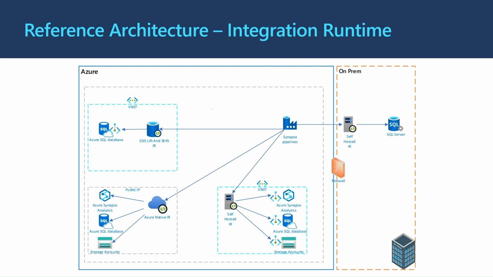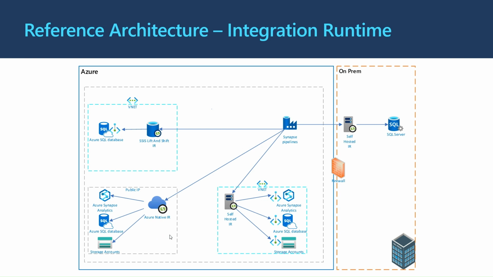Taking a look at the integration runtime a little bit further, it's helpful to understand where we've been. Some of this may look familiar. In the upper left-hand corner, you have the SSIS lift and shift integration runtime. We usually see that in a virtual network with private endpoints, so a pretty basic, or common, setup. The left bottom hand of the screen is really the default open to the public.